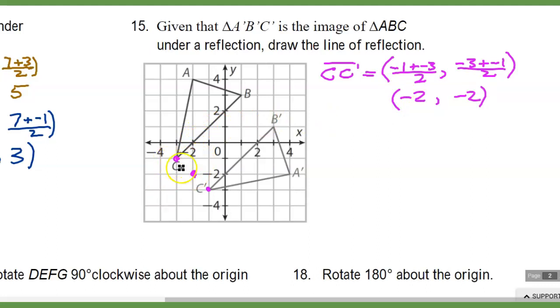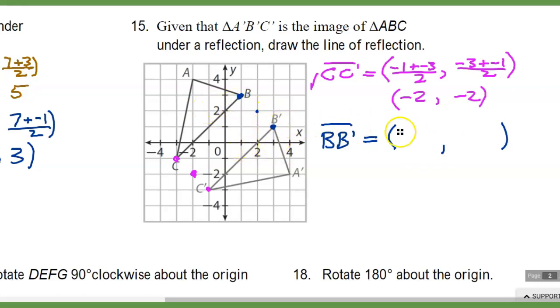Just right there. Even though we could probably figure that out by looking at the graph, still show the work and proof for that answer. All right, same idea here. We could probably tell that right here is the midpoint of B and B prime, but you need to prove your work, prove your answer. So if we already know the answer is 2, 2, it shouldn't be that much work to just prove it. So very similar.